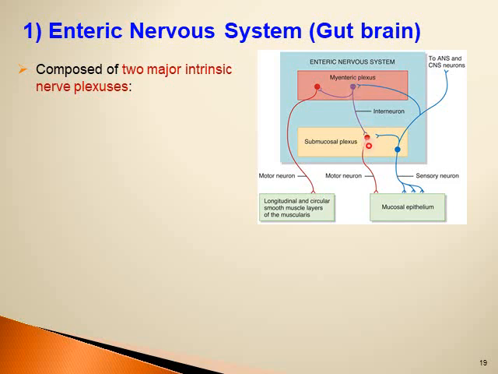This control center will send information through motor neurons either to the glands in the wall or in the mucosa or to the circular and longitudinal smooth muscle layers of the muscularis externa.